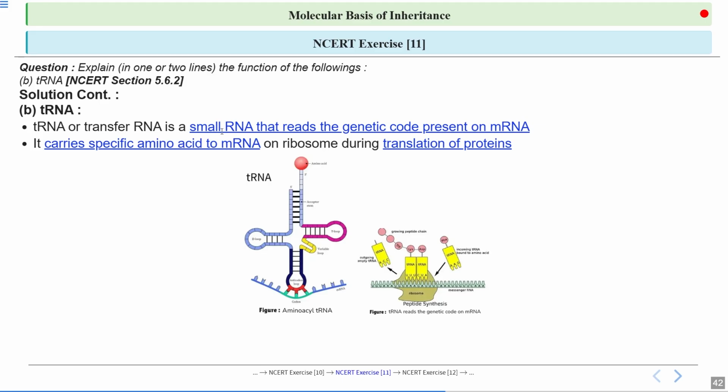It is a small RNA that reads the genetic code on the mRNA with the help of the anticodon loop, and it carries the specific amino acid to the mRNA on the ribosome during translation of protein. So these are its functions.